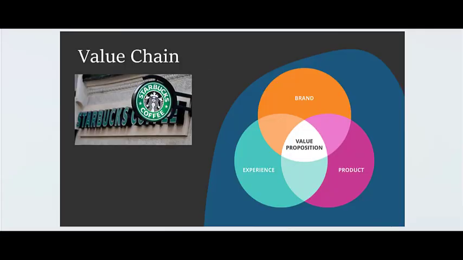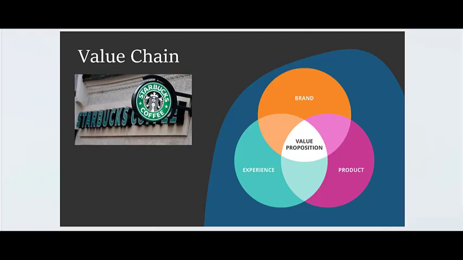Part of what goes into that, and this is part of the marketing piece, is the value chain. If you're going to offer a quality product, you have to be able to buy quality parts, so the supply chain has to come in, and you have to be able to build that quality into it.